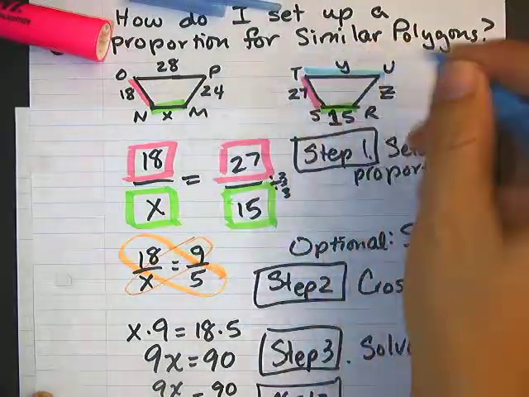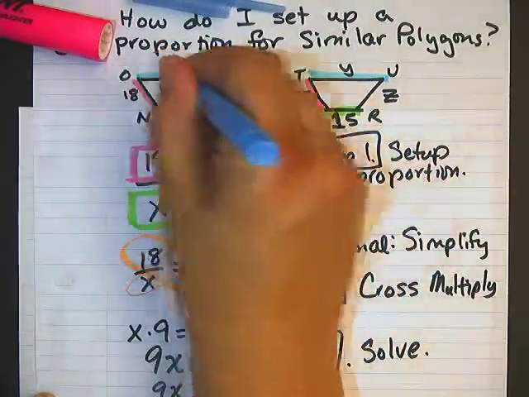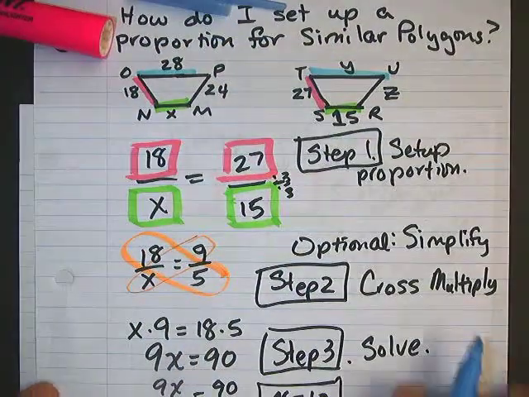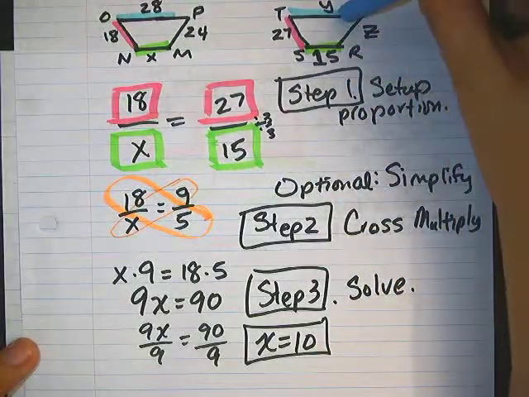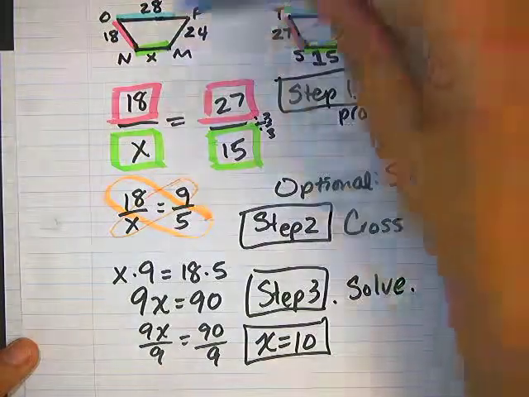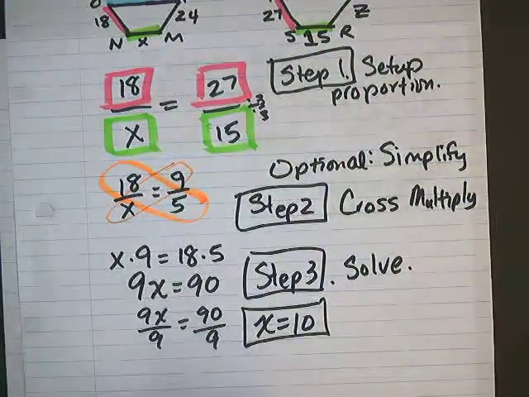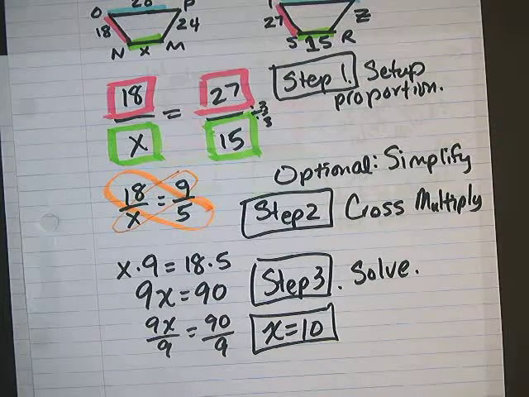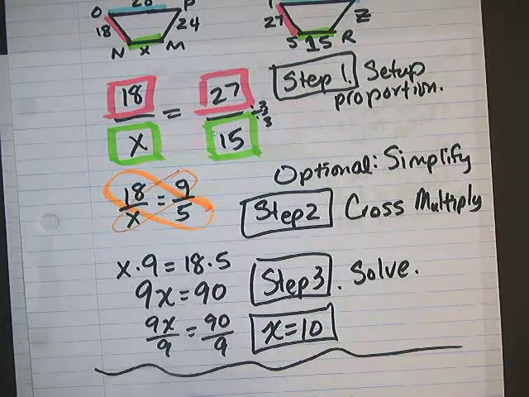I'll do one more set of sides just to make sure we're clear. So I'll use the blue to solve for y. So which set goes with that side? It's over here. When I set up the proportion, I want to make sure I'm using the blue, and don't forget to use the key set of sides, the pink.